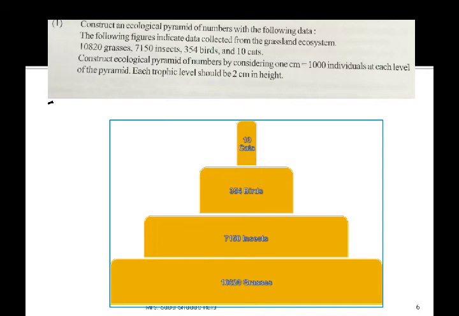Okay, so in the first example, each 1000 individuals is equal to 1 centimeter. Here 10,820 is there, so how much distance are you going to take? Yes, approximately 10.8. So that much base will be there. Then at the next level there is 7,150.